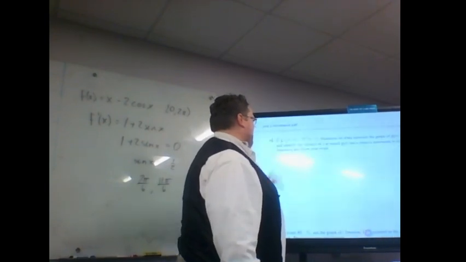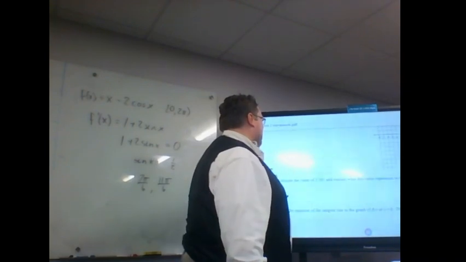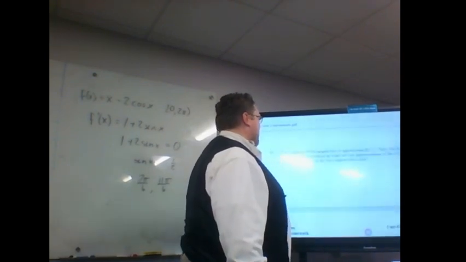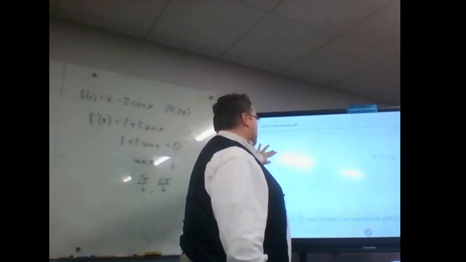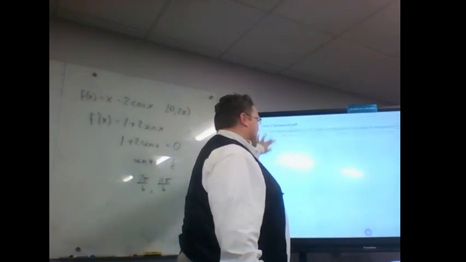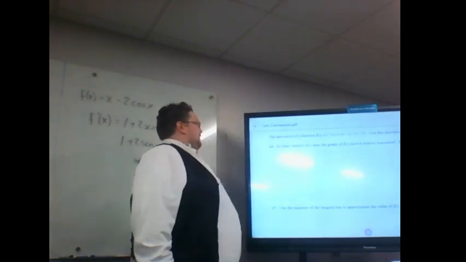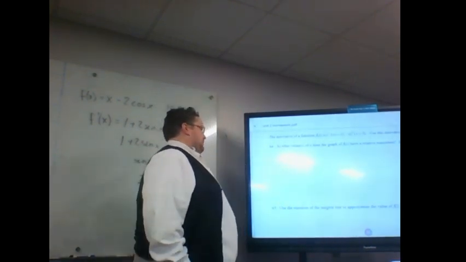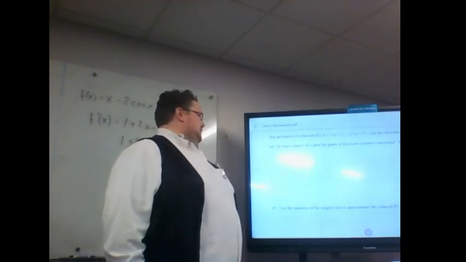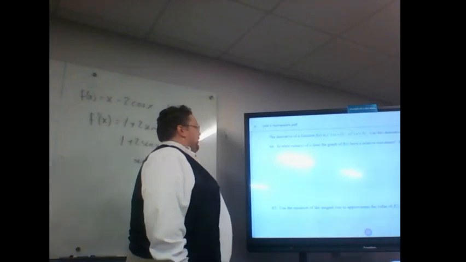Okay, we did this one, we did this one, we did this one, we did that one. We talked about those. We talked about derivative stuff. That was last chapter. We did that one. Woo! Here we go. Okay. 64.